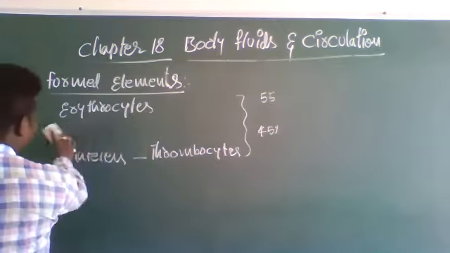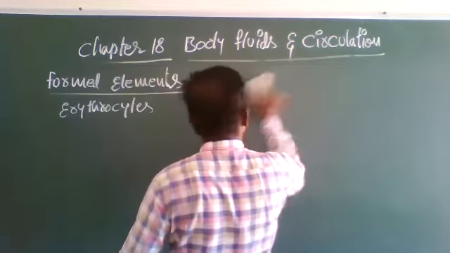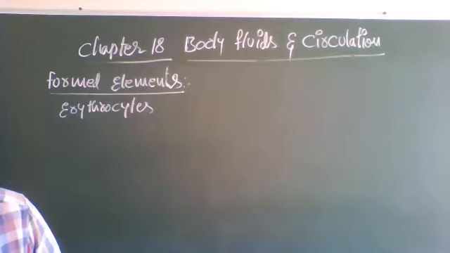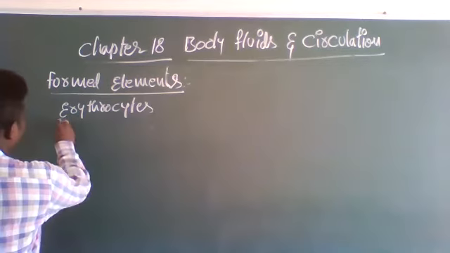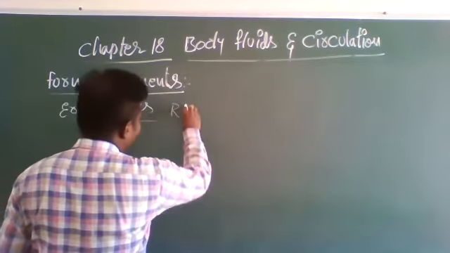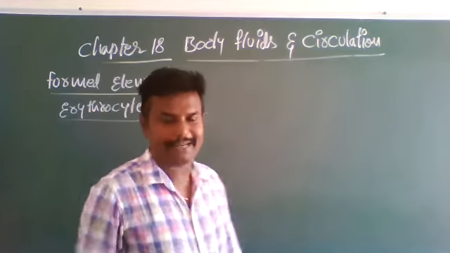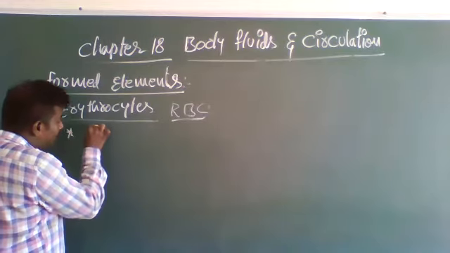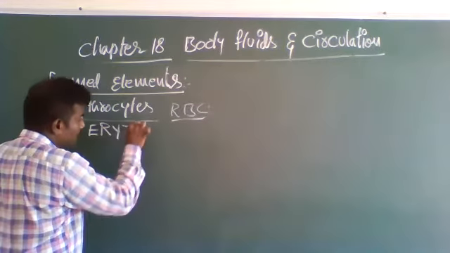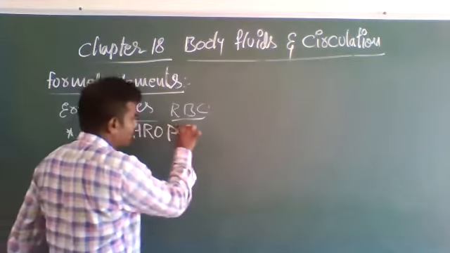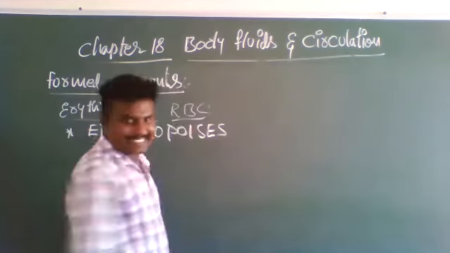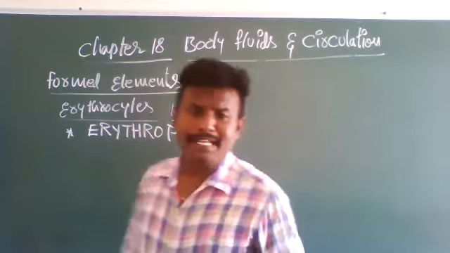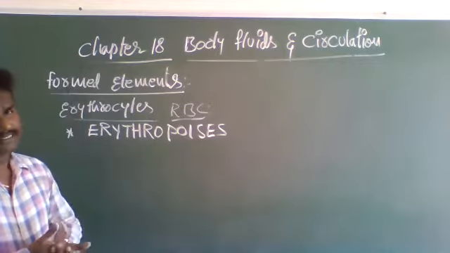First of all, let us see erythrocytes. Erythrocytes are also called red blood cells. Everybody knows red blood cells. The production of red blood cells is called erythropoiesis. Their number is comparatively more than the remaining cells.